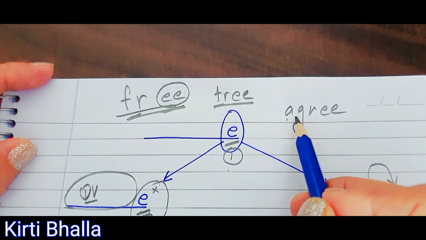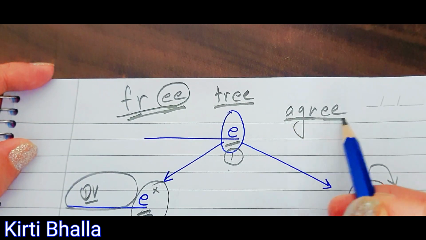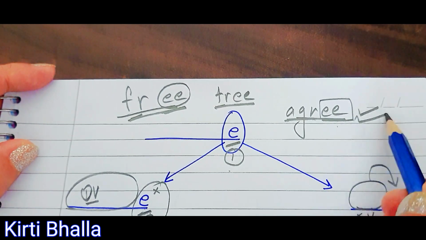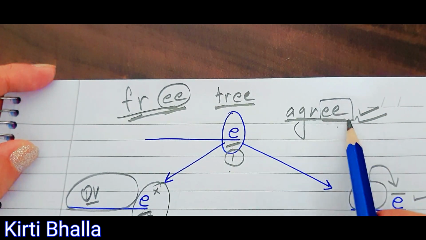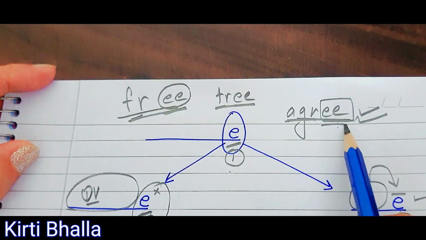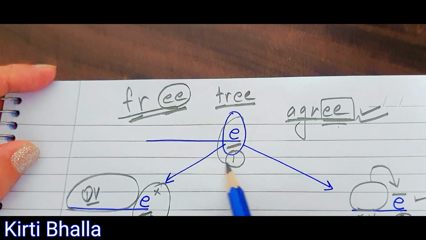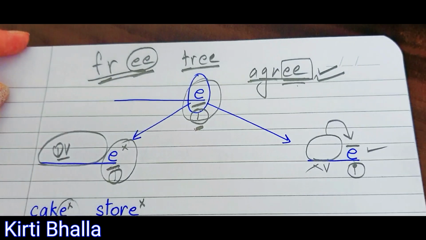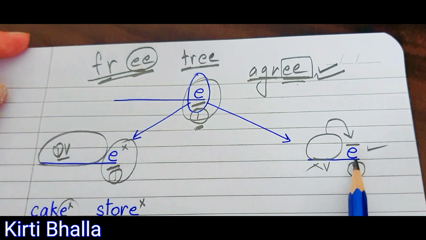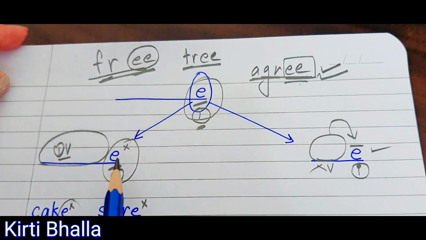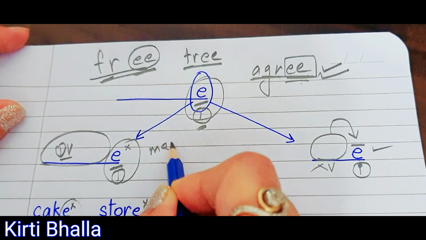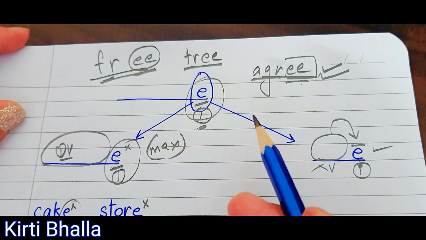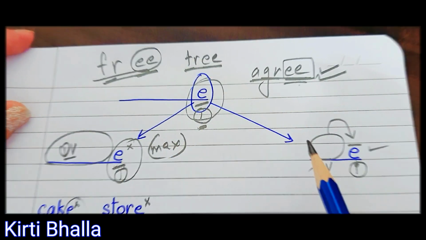This word is agree. So we are reading the last double E. It will give you the sound because this is a team, E, and we have to respect the team. But the last single E, I have talked about the single E. Sometimes we have to read the name of the E, which is E, and sometimes, or I should say maximum times the last E is silent, and we have understood why it is silent.